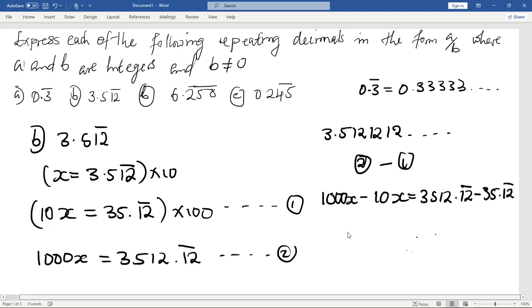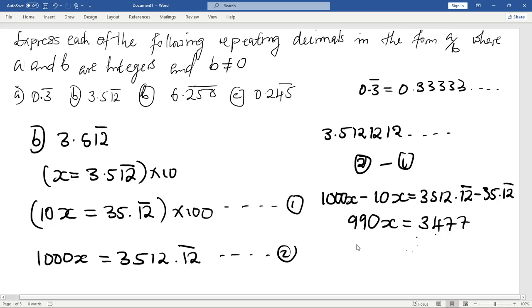So we're going to have 990x on this side. Let me do this here. Okay, so on this side we're simply going to have 3477.